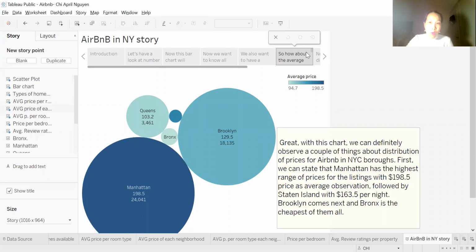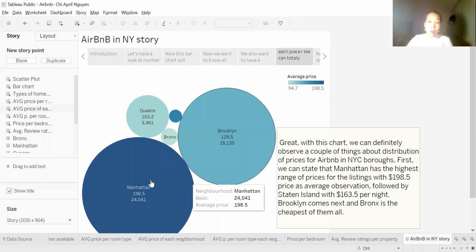So how about the average price of each neighborhood and how many options of room apartment for each place? We can totally know about that based on this chart.